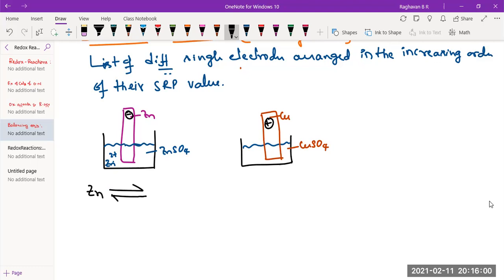Oxidation of zinc atoms of the rod into zinc ions in the solution. At the same time, zinc ions in the solution will have a tendency to deposit onto the rod by gaining electrons. But depending on the nature of the metal rod, either oxidation will be more or reduction will be more. Any one will be predominating. In case of zinc, oxidation tendency is more than reduction tendency, like in case of copper, reduction tendency is more than oxidation.